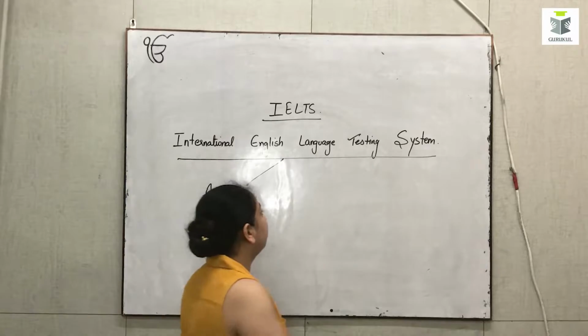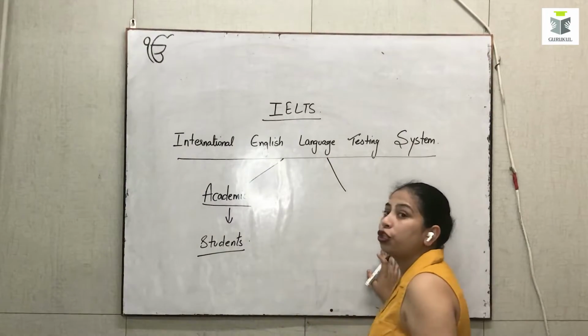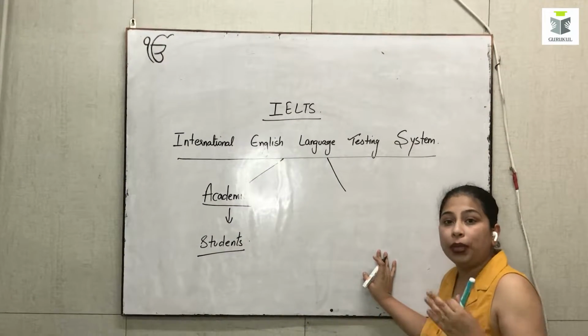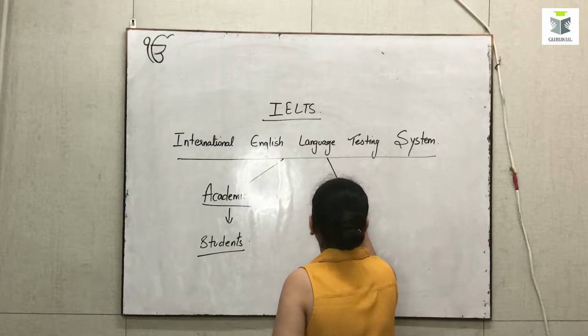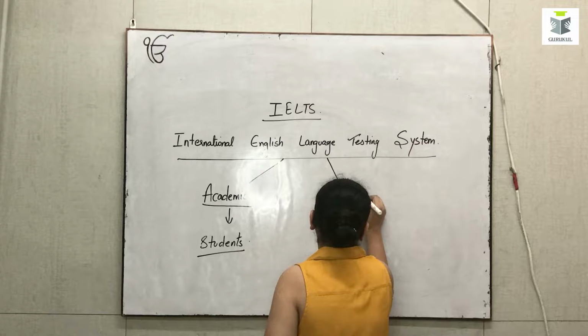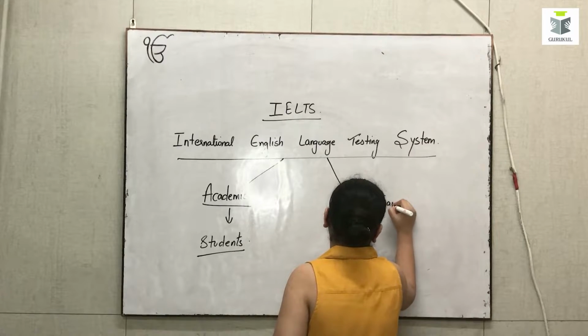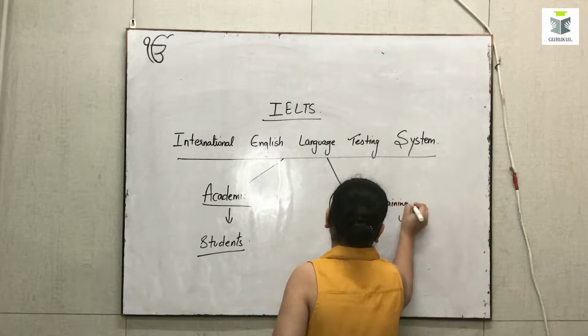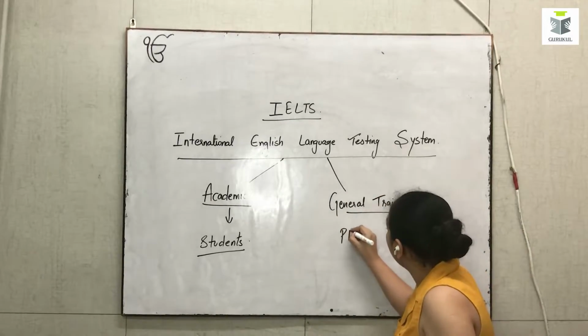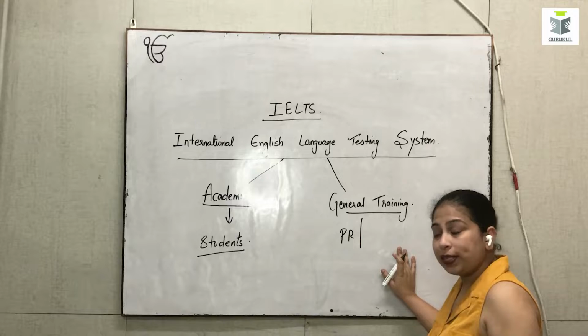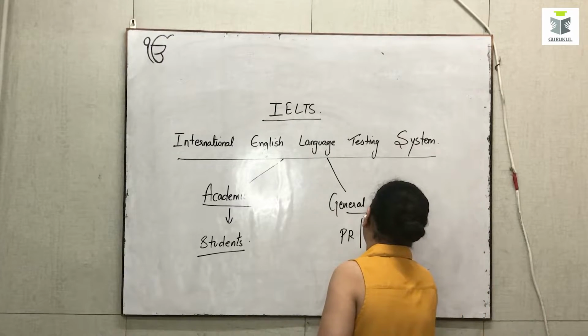On the other hand, candidates who wish to migrate abroad for PR purposes or for work have to sit for IELTS General Training. So this is specifically for PR, that is permanent residency, or for work.